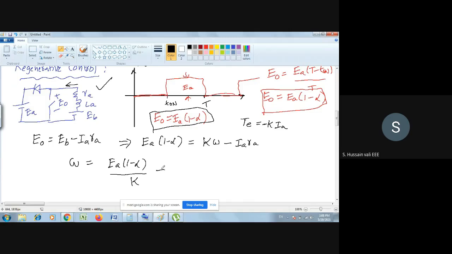We will get plus, because we send this to that side, so it will become plus. Sorry, once again, you have minus only here. Because T is equal to minus K into IA, IA is equal to minus T by K.